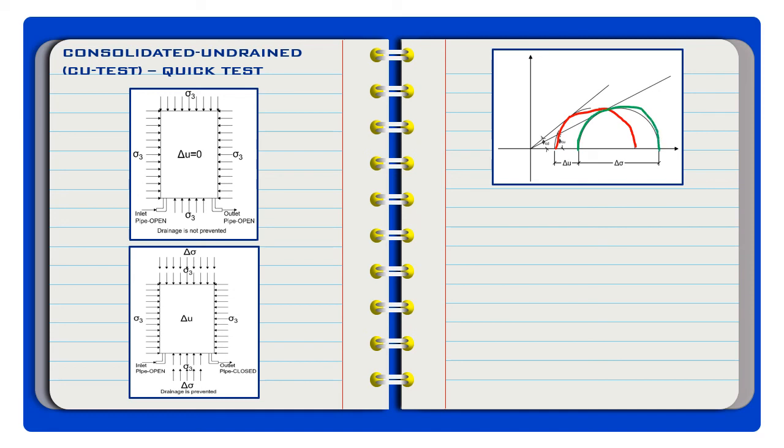So, as you can see, shinift nung pore water pressure yung minimum principal stresses niya. So, nag-shift siya papuntang pakanan. So, from consolidated drained na red line, mag-shift siya to the green line or the green circle by using delta U or the pore water pressure and still having the same delta sigma.